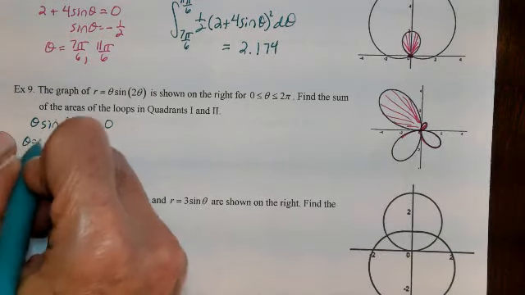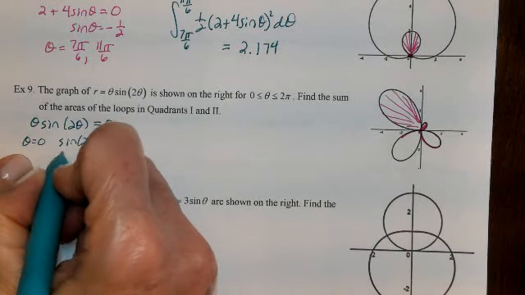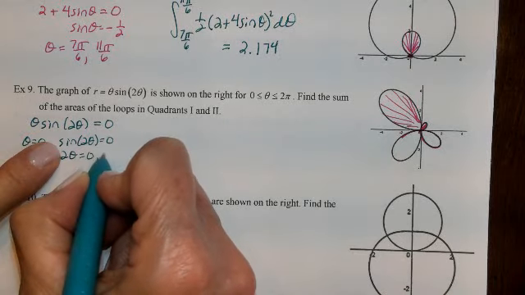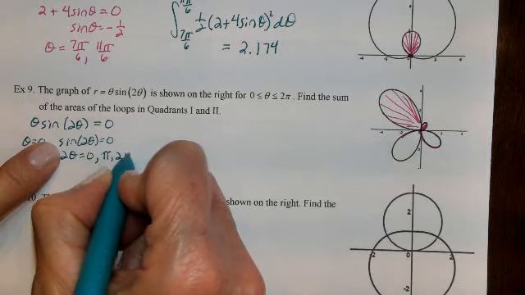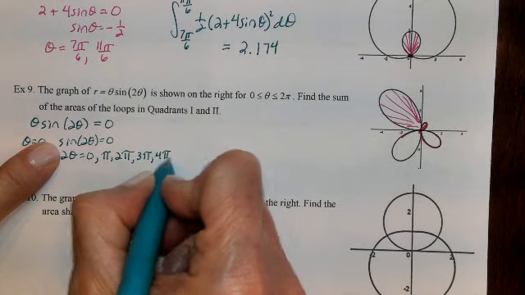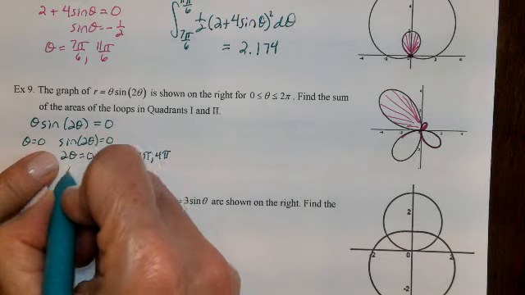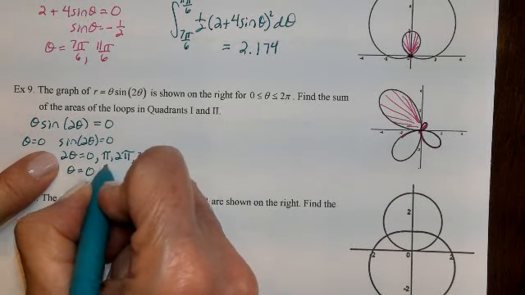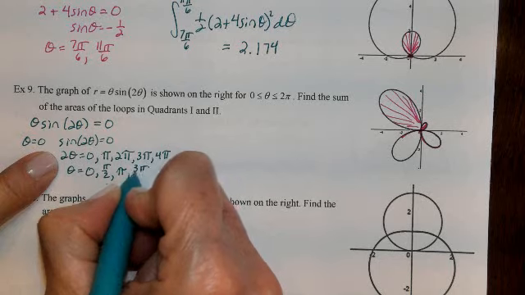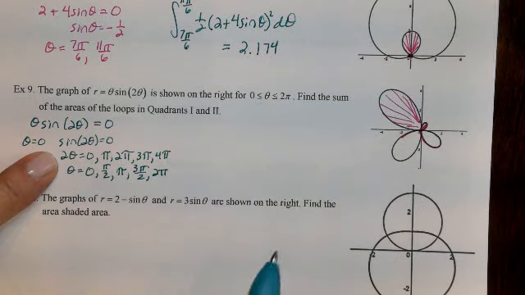Either theta is 0 or sine of 2 theta is 0. So 2 theta would be 0, pi, 2 pi, 3 pi, 4 pi, etc. Divide both sides by 2 or multiply both sides by a half. And we get these values in between 0 and 2 pi.